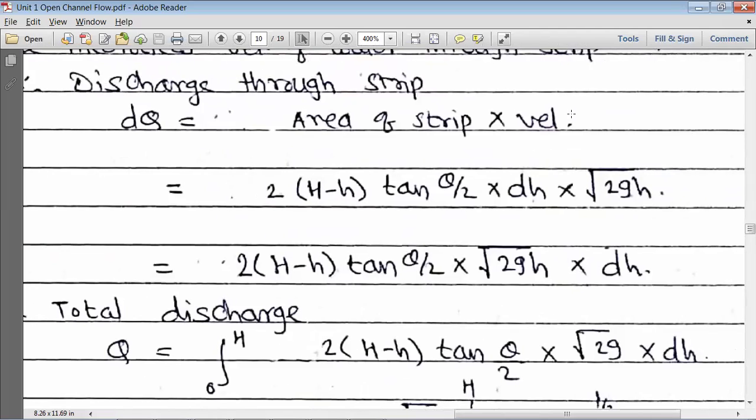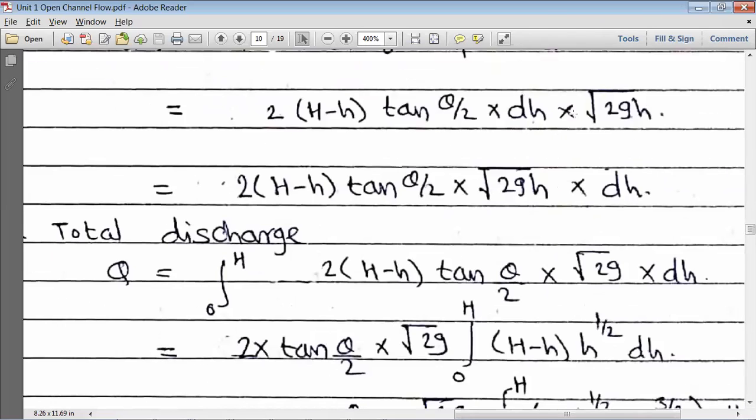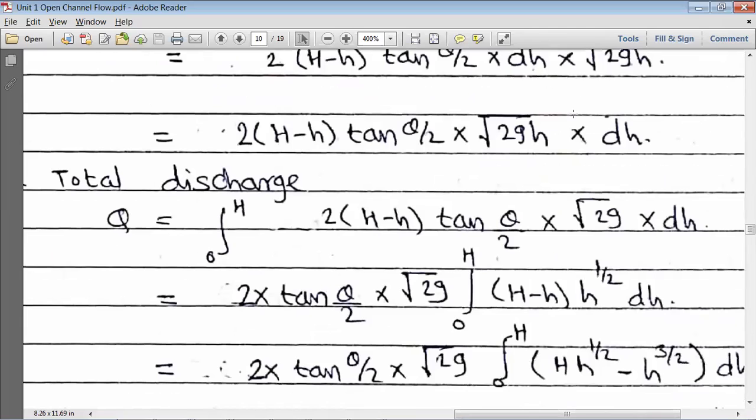Discharge through the strip dq, total discharge capital Q is equal to integration between the limit 0 to h of this term. Those things which are constant can be taken outside the integration sign, and we have taken these things out of the integration sign.